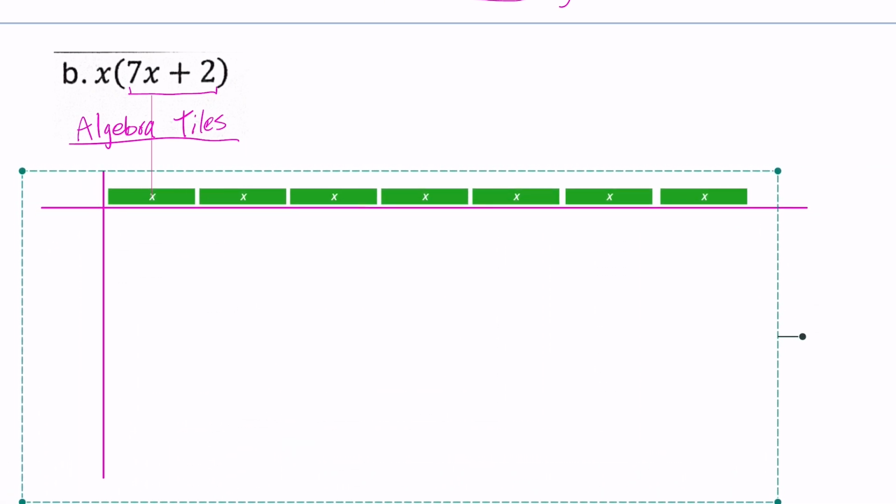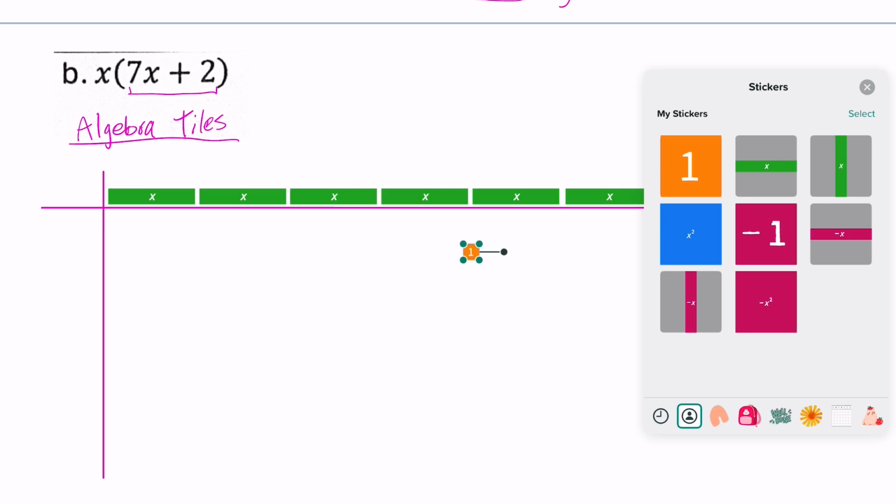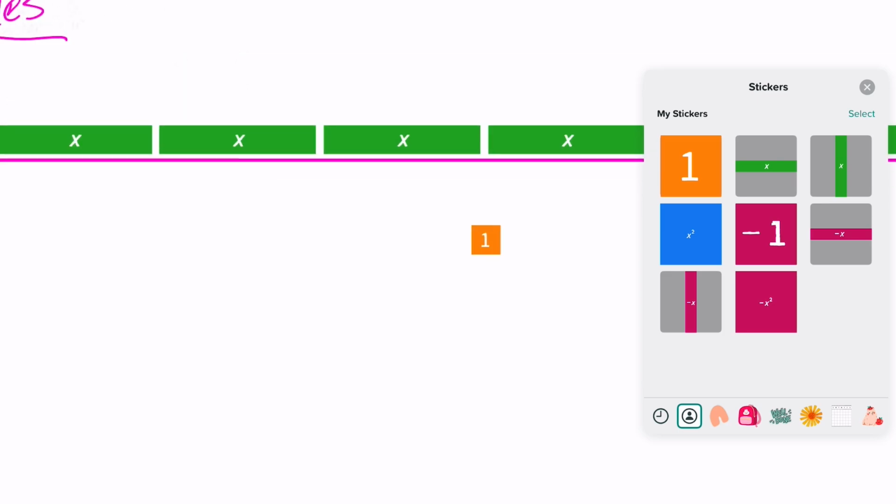No worries. And then, oh, I also have a plus 2 here. Don't forget about that. So I'm going to reach into my number box here and grab two constants, two positives. So just going to move them here to the end. So a 1 and a 2 right there.